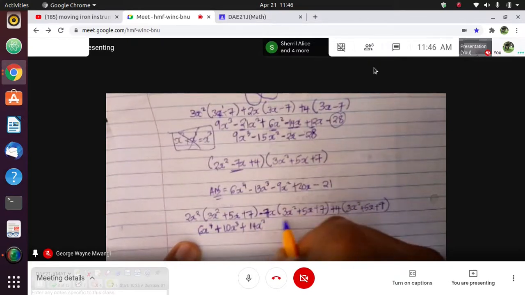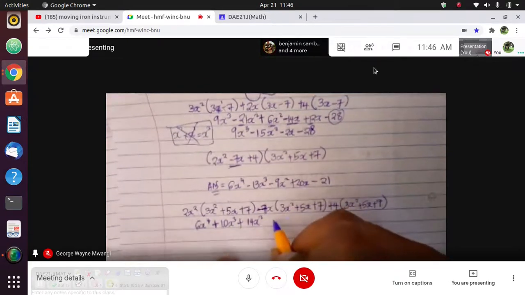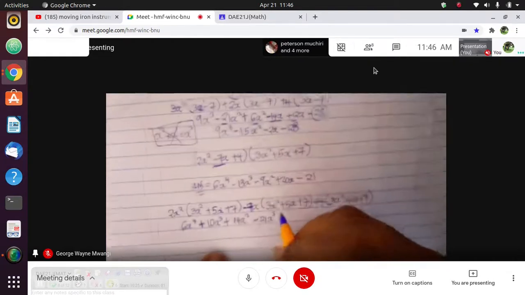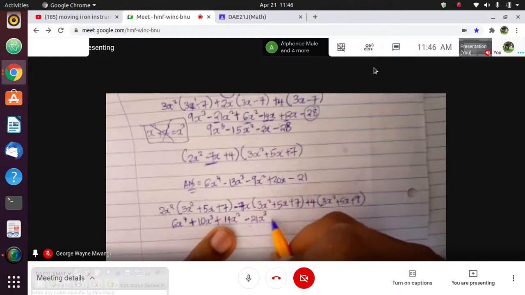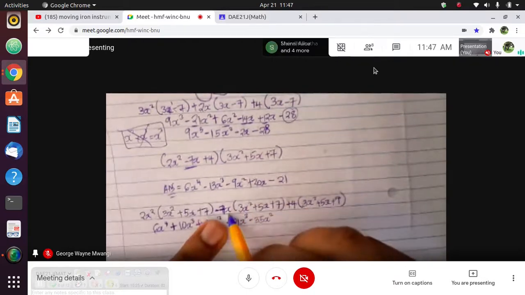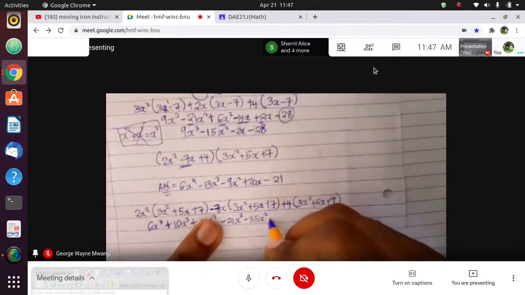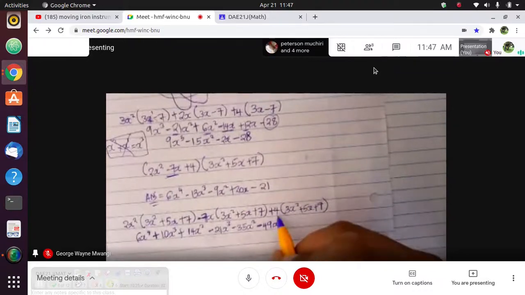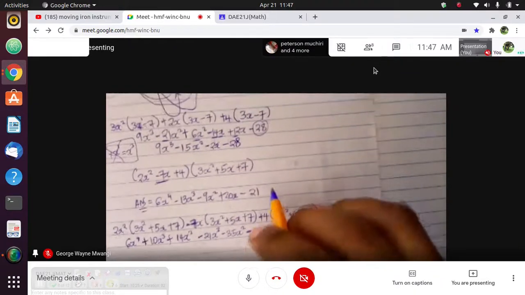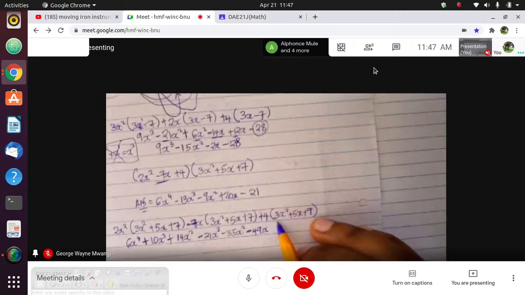So minus 7x times 3x squared is how much? Minus 21x cubed. Minus 7x times 5x is how much? 35x squared. Minus 7x times 7 is how much? Negative 49x. Plus 4 times 3x. We open the third bracket. Plus 4 times 3x squared is how much?